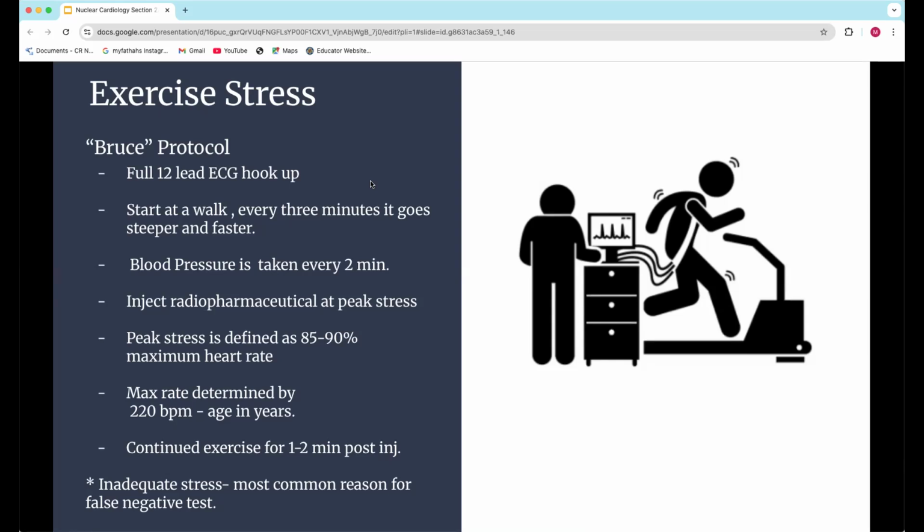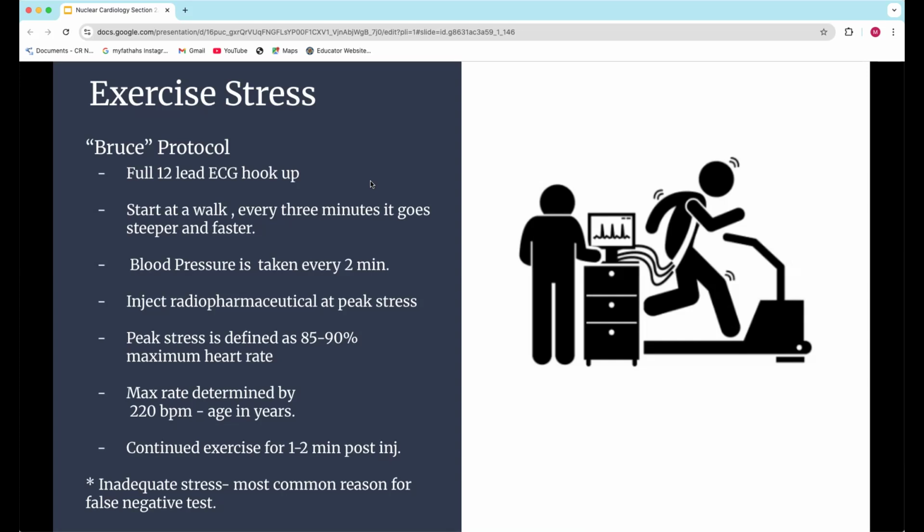There's not a way you know when you're running a stress test that you can see something that tells you the patient has vasodilated. But the studies and the literature say that if you use this 85 to 90% based on the 220 minus the age, and we inject at that peak stress and then go 1 to 2 minutes post-injection, that works and is efficient.